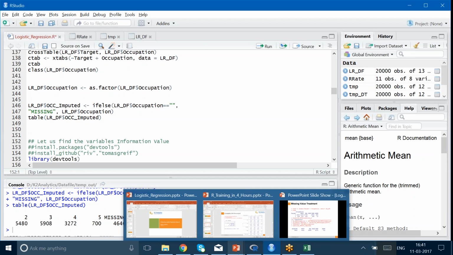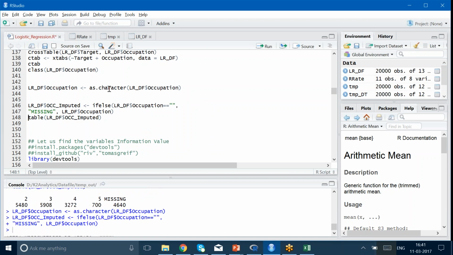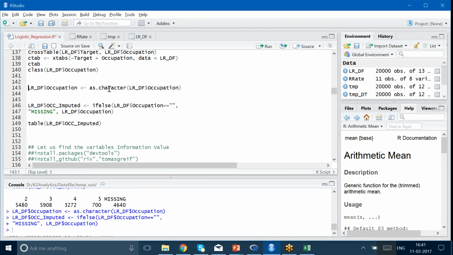To avoid this kind of problem, I'm doing it as a character first. Now, I know by making it character, I'm occupying more memory space, and I don't want to occupy more memory space.